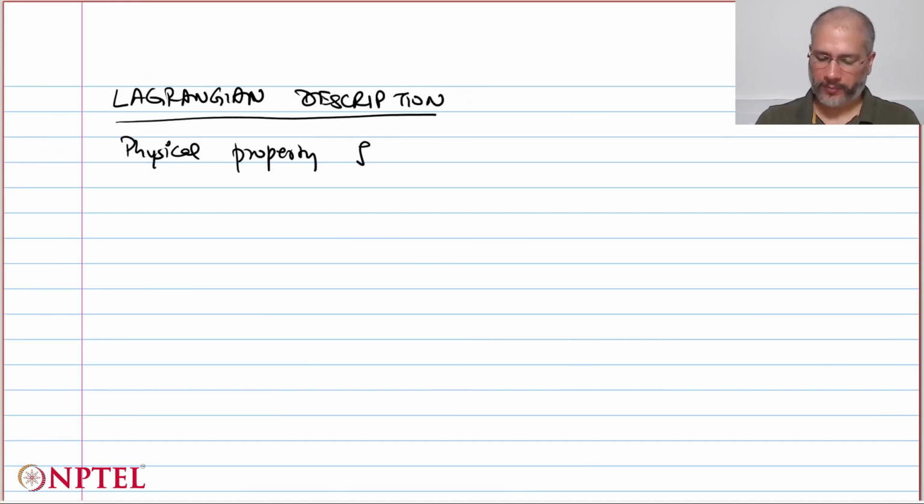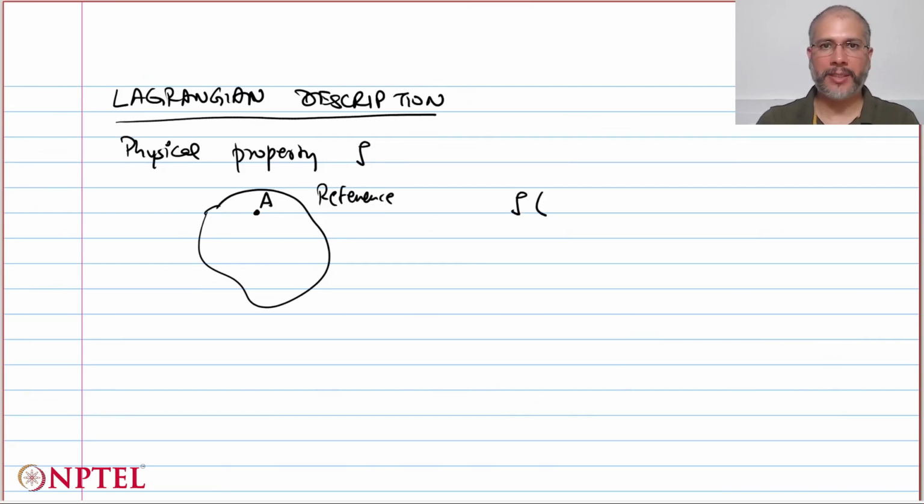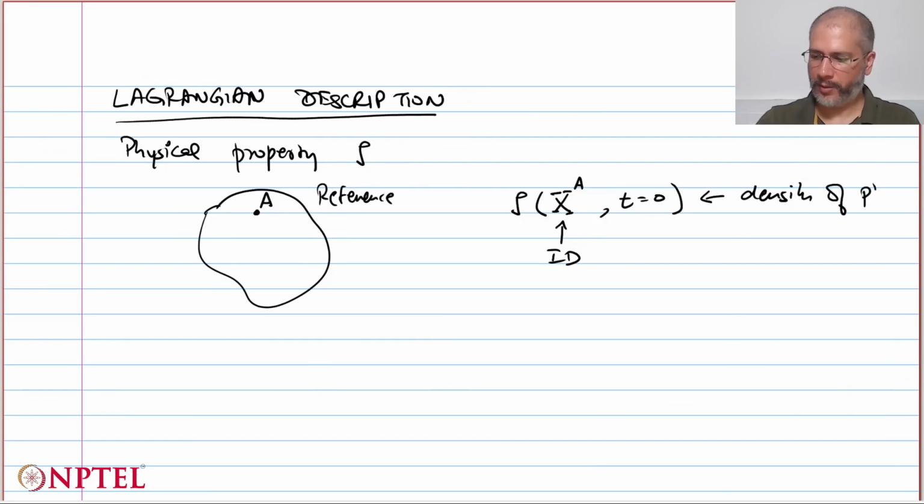And this density, let's say you have the reference configuration of a body where you had a particle, let's say particle A, sitting here, and to find the density at this point where particle A is sitting, I will need a function of a kind where I specify the ID of the particle, let's say in this case particle A, and the time which is t equal to 0 in this case, and this will give me the density of the point A at t equal to 0.